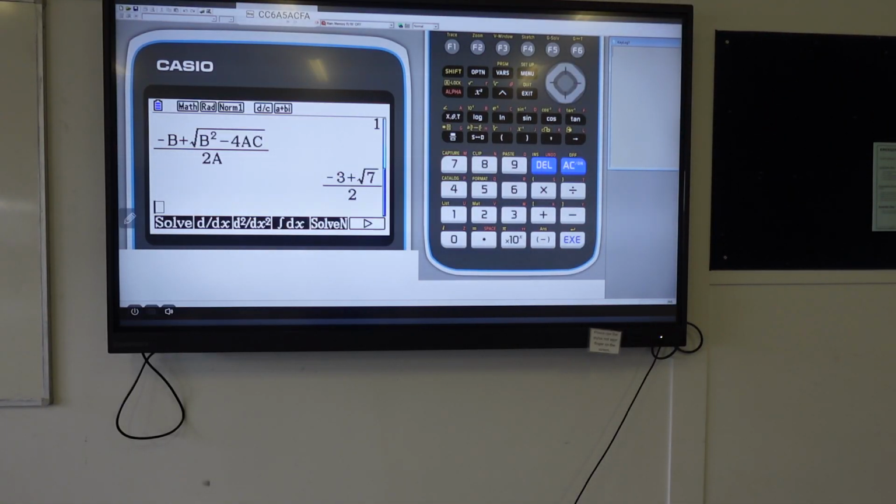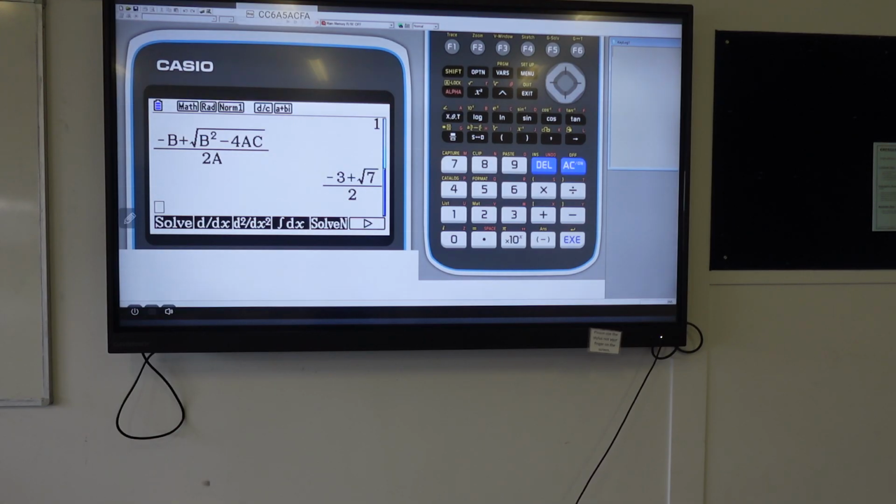So we discovered that our roots are going to be at minus 3 plus root 7 all over 2, and then the opposite root is going to be at minus 3 minus root 7 all over 2. So when we put this all together, it's going to be x take negative 3 plus root 7 over 2, x take negative 3 minus root 7 all over 2.